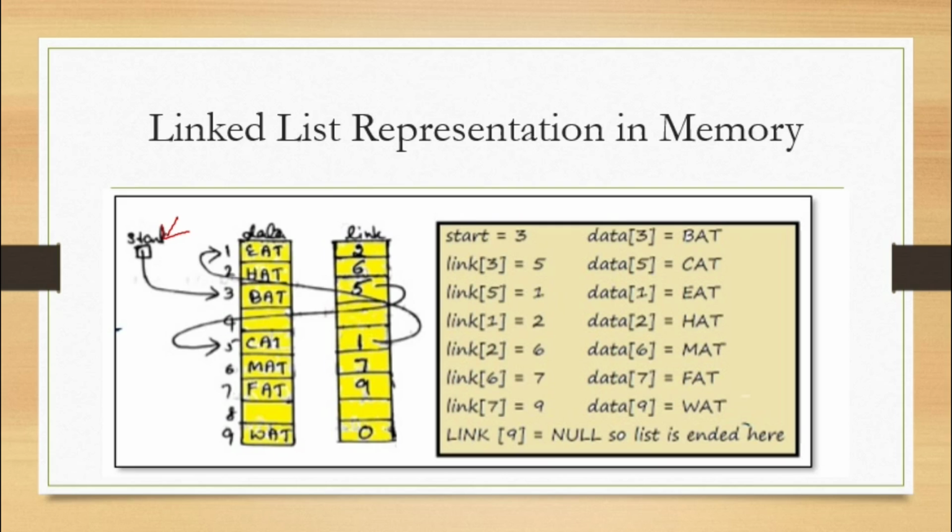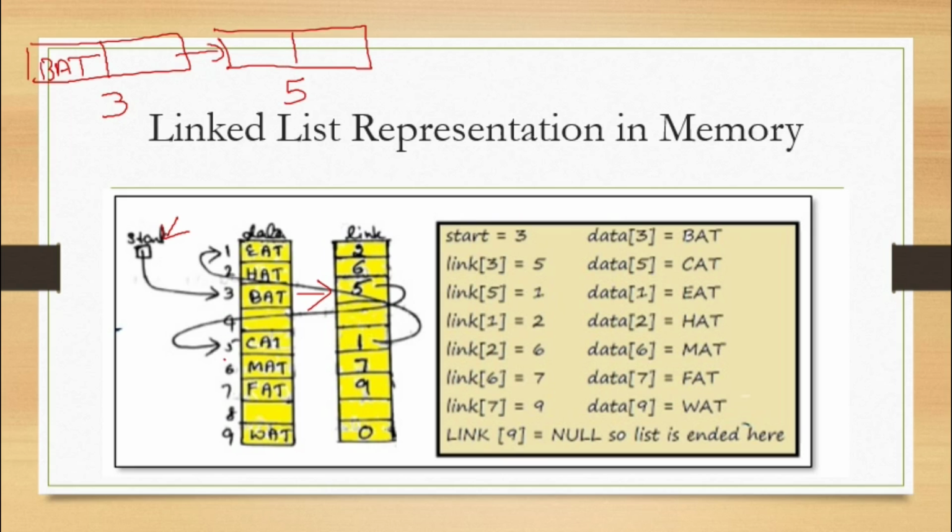Let us draw a node here for our understanding. Here in 3, this is 3, and it has the information called bat. Now where does it point to? It points to 5. This is another node at location 5, and we have cat there, and cat will point to 1.